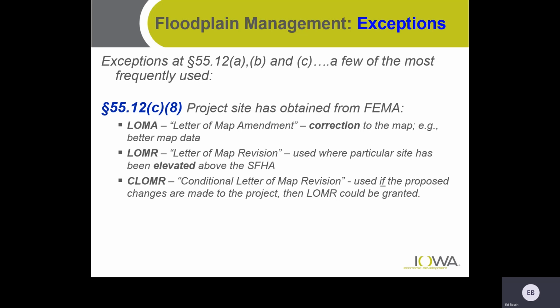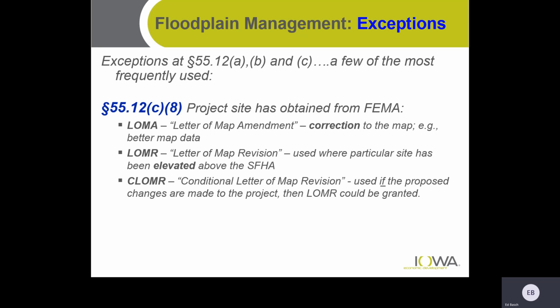A LOMR, as it's called, is a letter of map revision when the particular site has been proven to be elevated above the special hazard flood area. Now, that takes a certified elevation survey to prove that you are above the base flood elevation. So it's not just a simple request and say that, yes, I'm higher than that. You have to prove it.